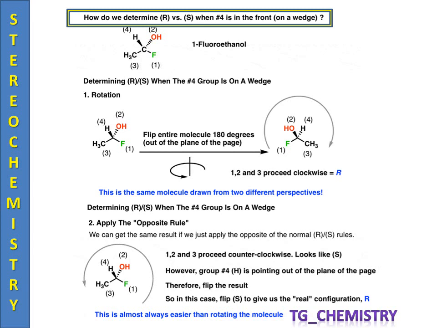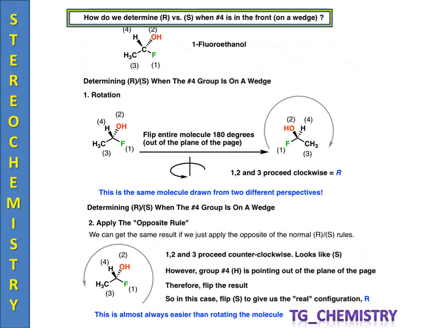So when you get the final molecule, this is the same molecule drawn from 2 different perspectives. For example, in the left hand one of 1-fluoroethanol, it seems that you are looking at the molecule directly from the screen, and if you go to the back side of the screen, you will find the other one, where hydrogen will be in the back side and the OH group will be towards the viewer.